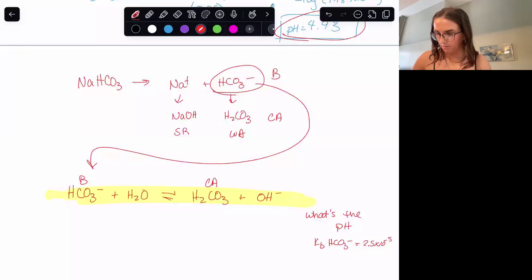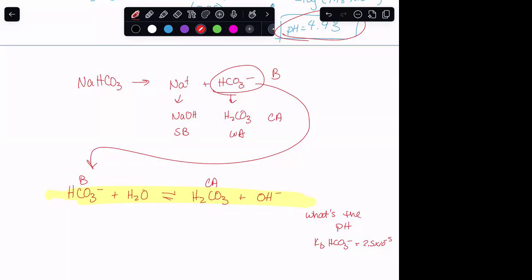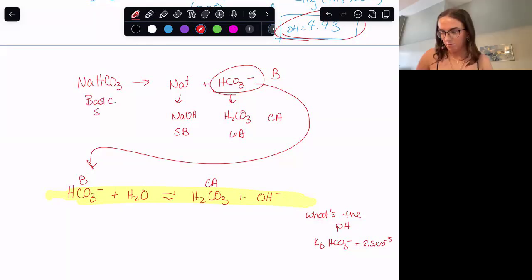So this is going to be a strong base, which means that between a strong base and a weak acid, which one is going to win? Or what does that make the salt? Basic. Right, so this is going to be a basic salt. We all see where that's coming from? Good.